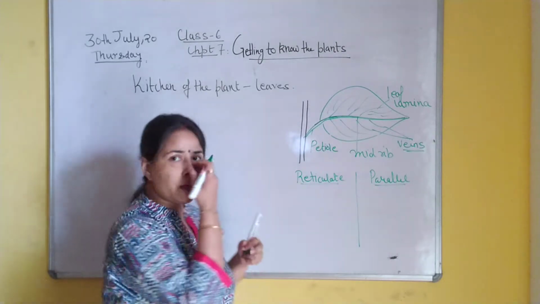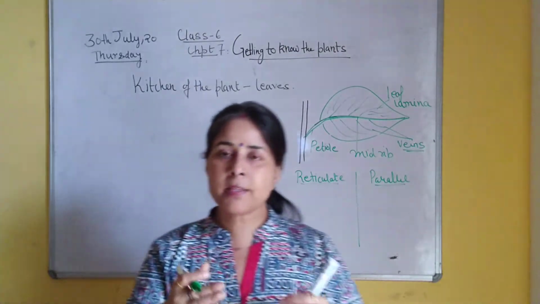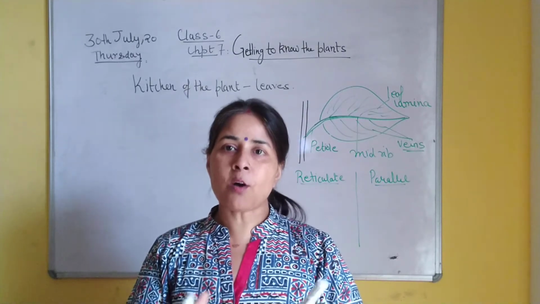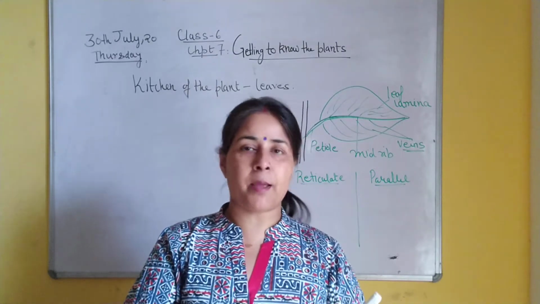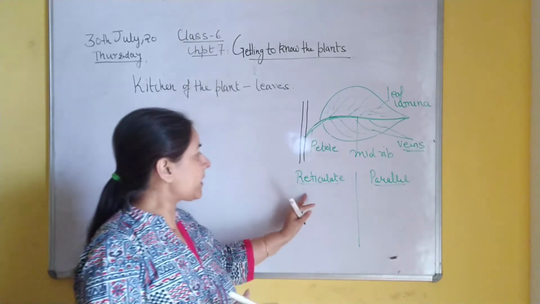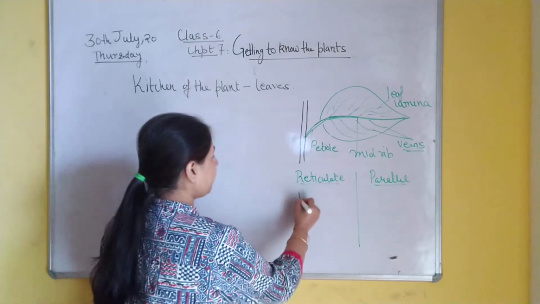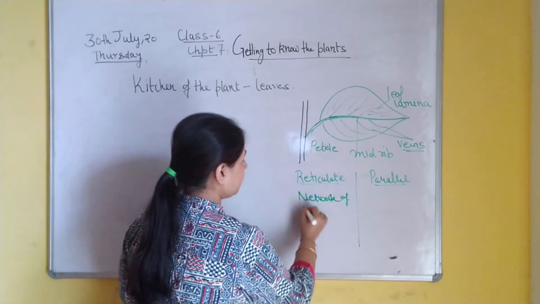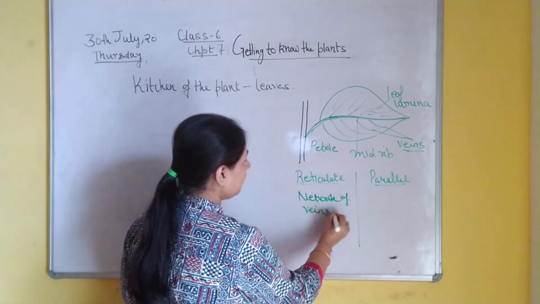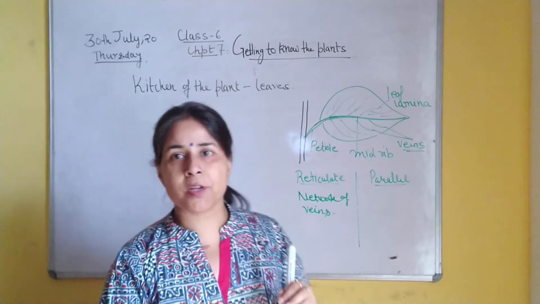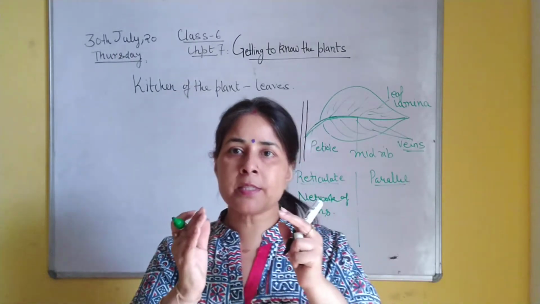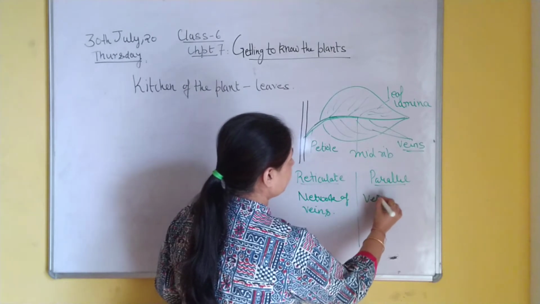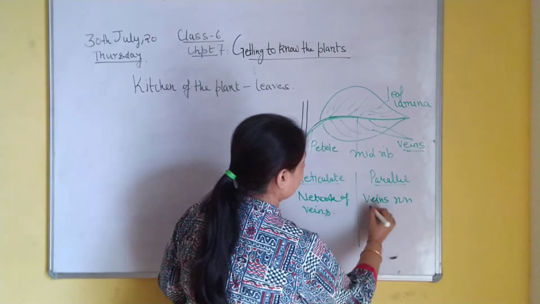In reticulate venation the veins form a network inside the leaf lamina. In parallel venation, the veins run parallel to the midrib.